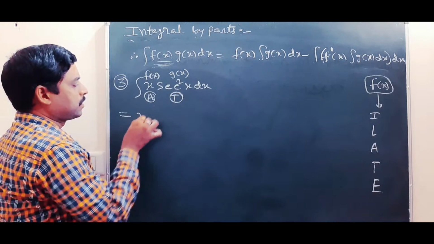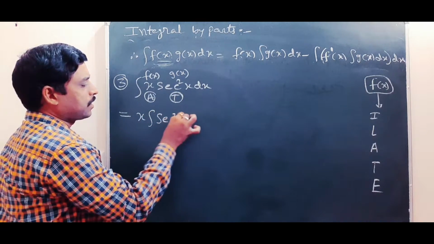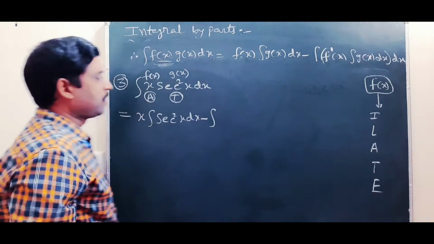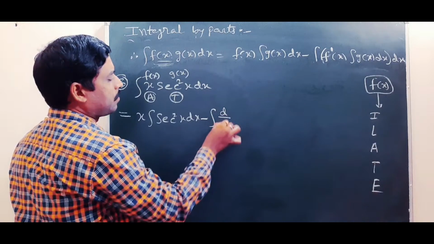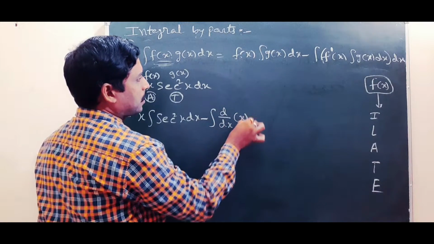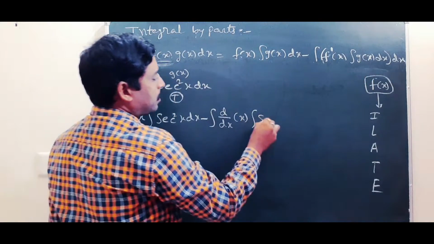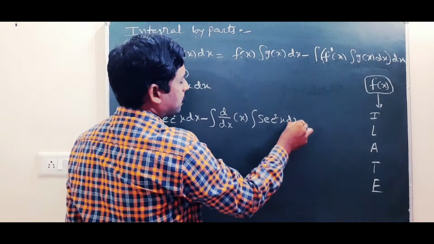On substituting f of x and g of x in x secant square x, we get f of x into the integral of secant square x dx, minus f dash x, the derivative of f of x, so d by dx of x, into the integral where g of x is placed, we write secant square x dx, whole dx.